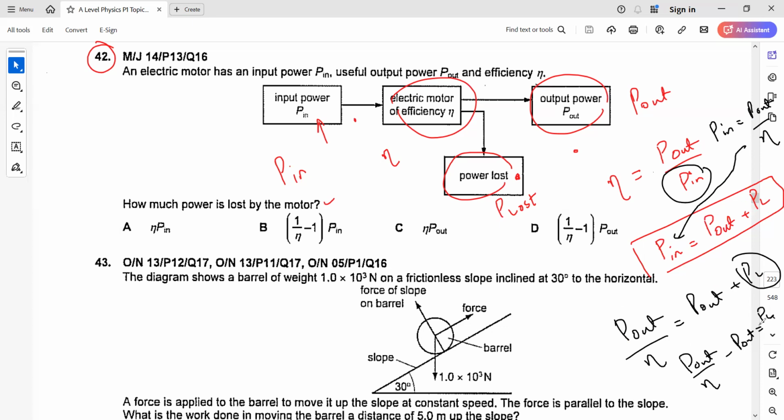So that's power lost. If we just factorize this, it's going to look somewhat like this: power output times (1 over eta minus 1) is equal to power lost. So this is incorrect. This relates to power input. I don't have power input, that's power output. Well, that's correct. D is correct.